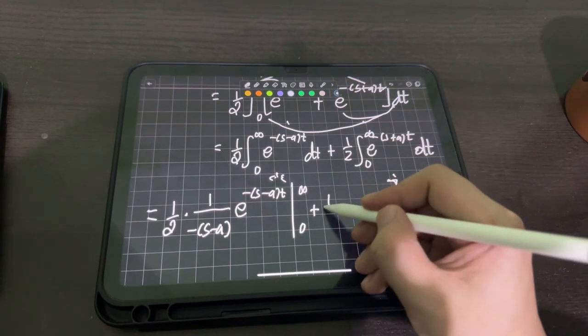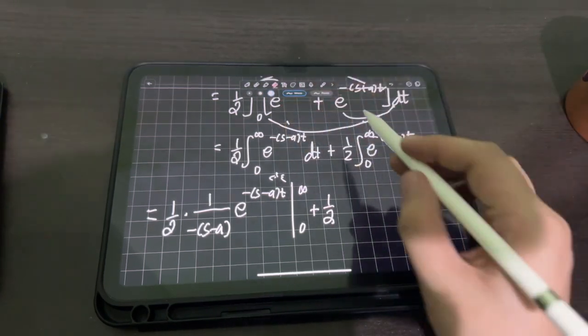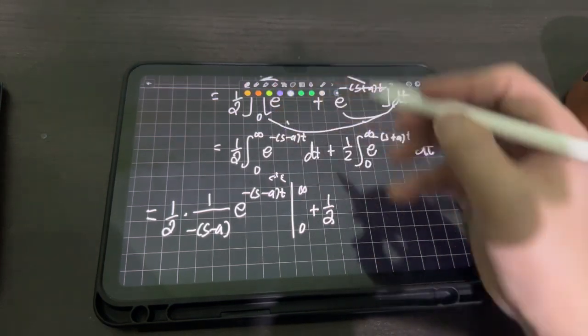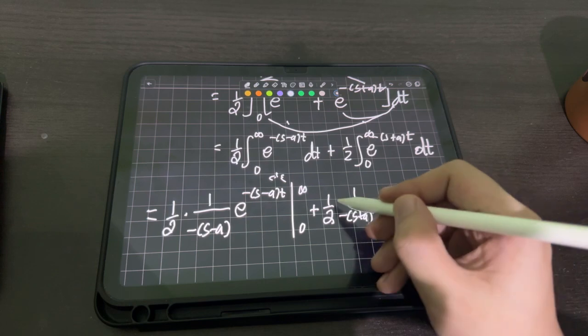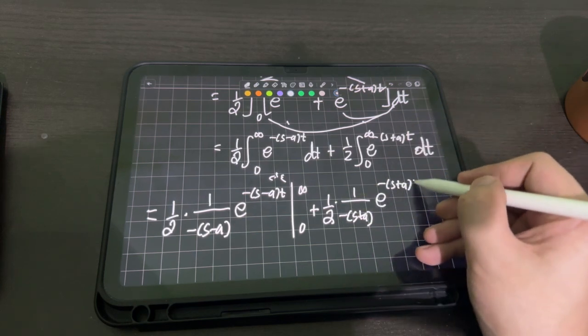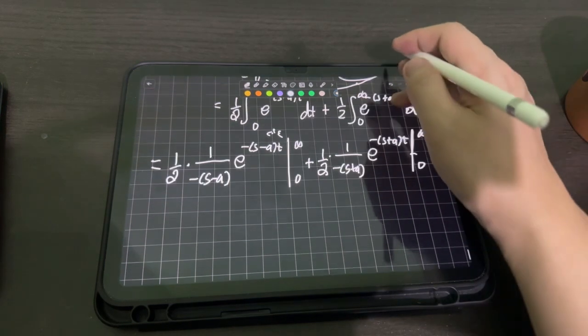Plus, for this one, we have 1/2 integral of e to the negative quantity s plus a, t. So it's 1 over negative s plus a, then e to the negative quantity s plus a, t, evaluated from 0 to infinity.